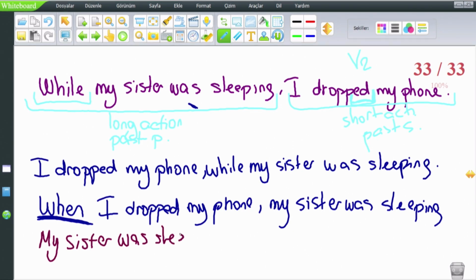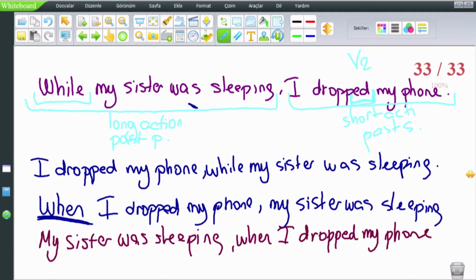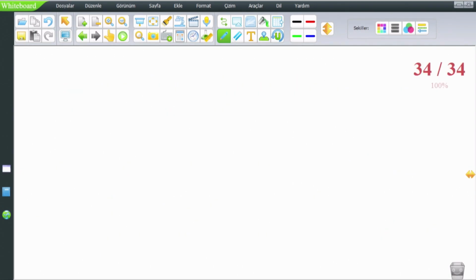My sister was sleeping when I dropped my phone. So as you can see, we have 4 sentences here, and all of them give the same meaning. But you can choose whatever you want in these 4 sentences. They all give us the same meaning, but you have to use when and while correctly. That's our only condition. Let's do one more.